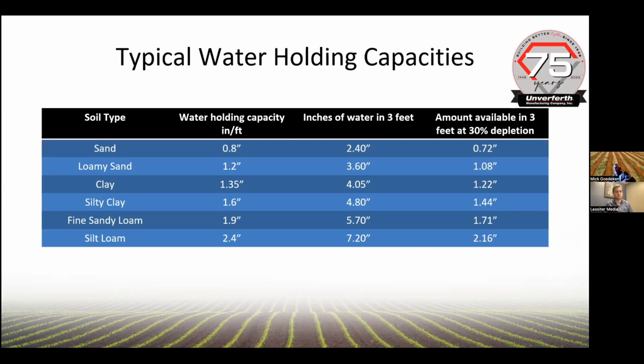So you think about that, in 3 feet, we're going to hold 4.8 inches of water. If we say only 30% of that's available, that's 1.44 inches of water available to that plant at that time. So if we can make sure that we have access to that water, that's the key that we need to think about.